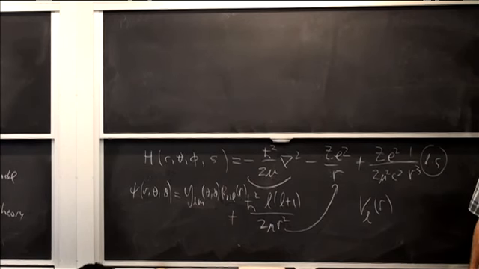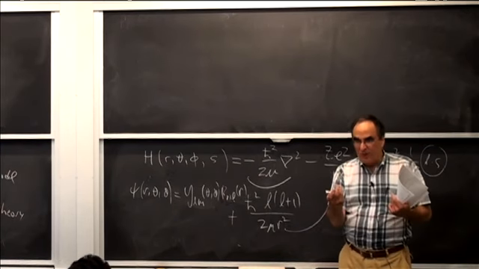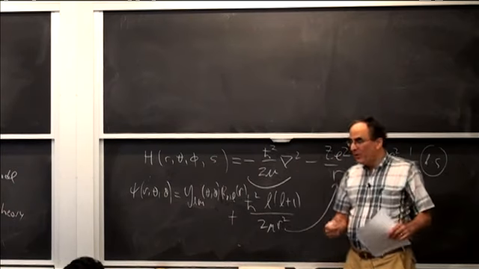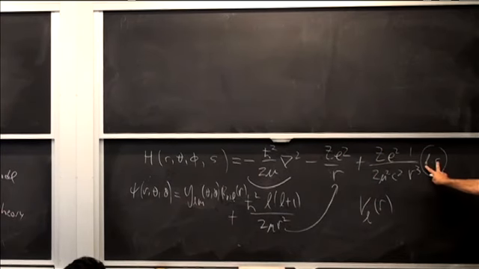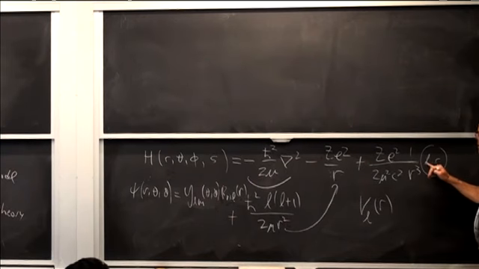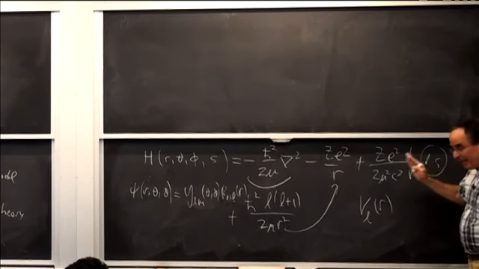Can we think about this as a potential energy of the spin being in the magnetic field created by its own rotation? You can do that, but it's a little bit dangerous, because we associate a magnetic dipole with the orbital angular momentum and with the spin. And so this looks like a dipole-dipole interaction. But it isn't quite, because it's a relativistic effect.